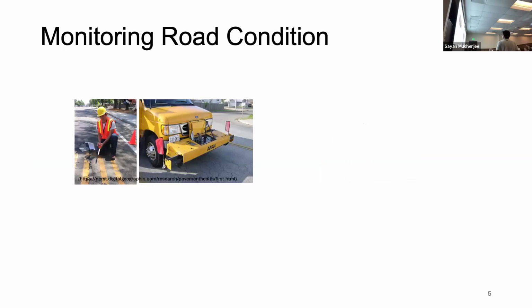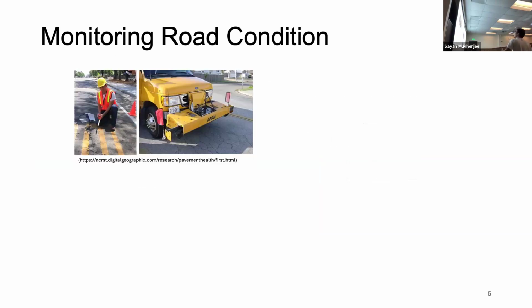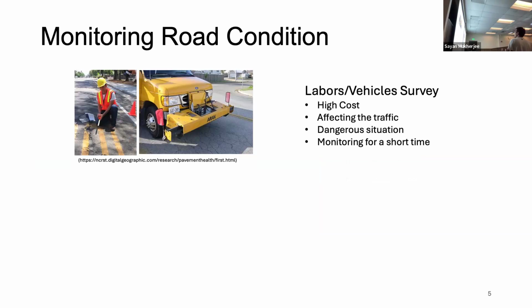Then the question is how to monitor our road conditions. The direct way is labor and vehicle surveys. However, the cost of this kind of method is really high and it will affect normal traffic.